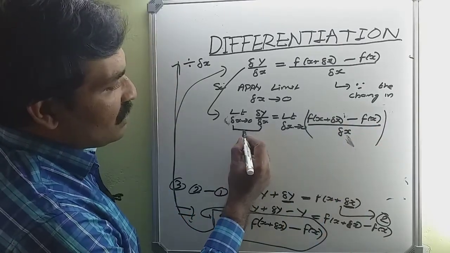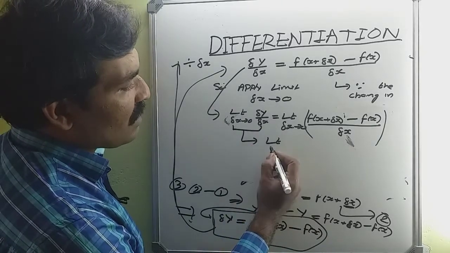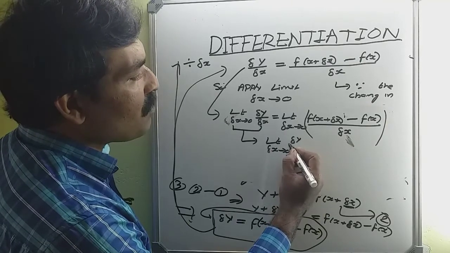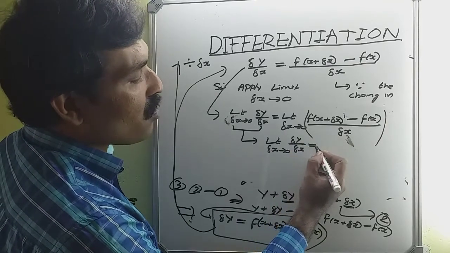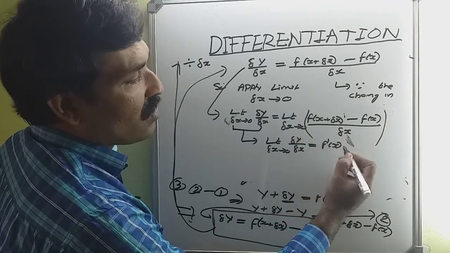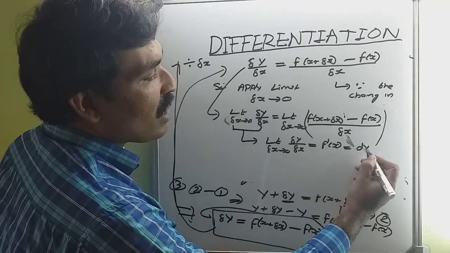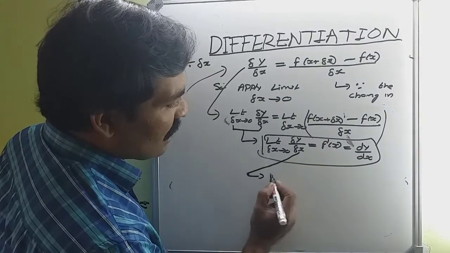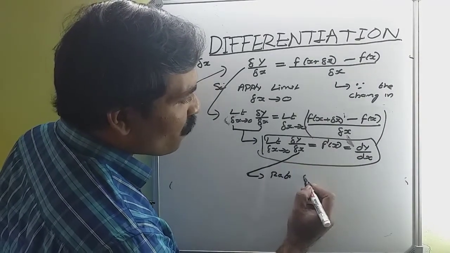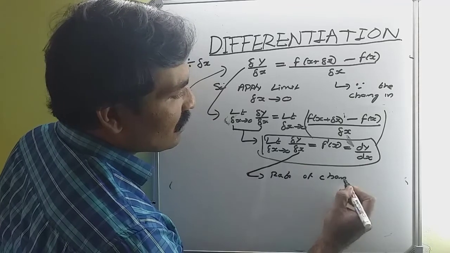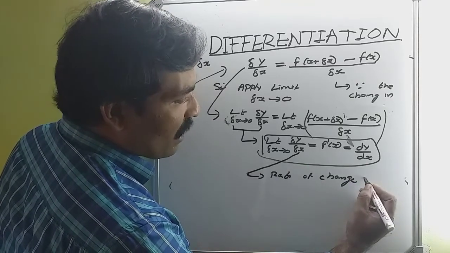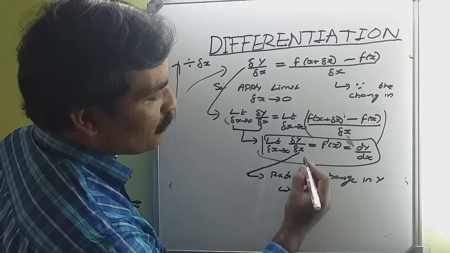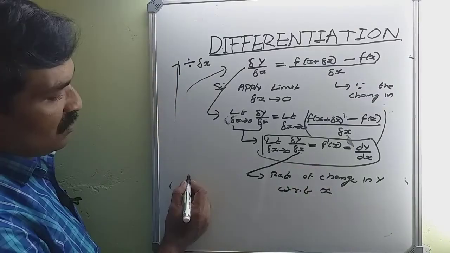This limit del x tends to 0, del y by del x is called f dash x or is equal to dy by dx. This term is the rate of change in the output variable y with respect to the input variable x.